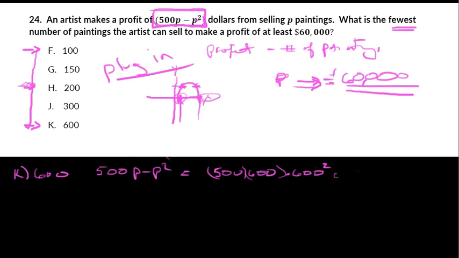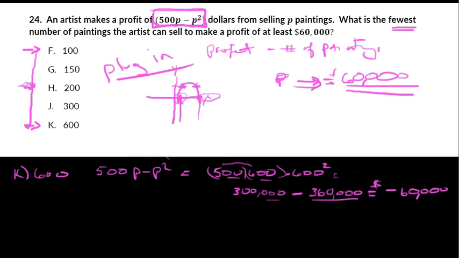What does that equal? Well, 500 times 600 ends up being 300,000. 6 times 5 is 30, and then you add the 4 zeros, minus 600 squared, 360,000. So now, this is larger than this, we end up with negative $60,000. So obviously that doesn't work.